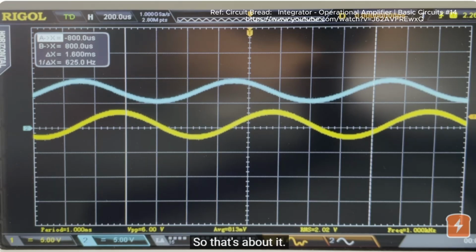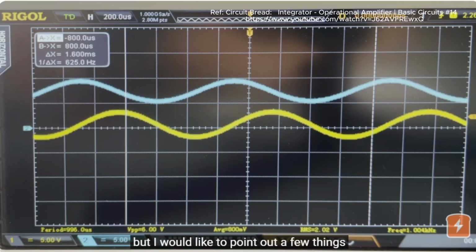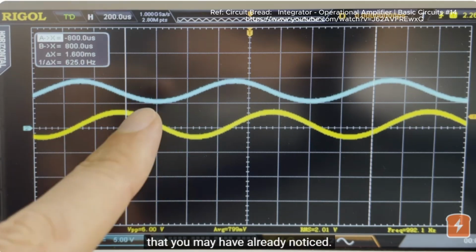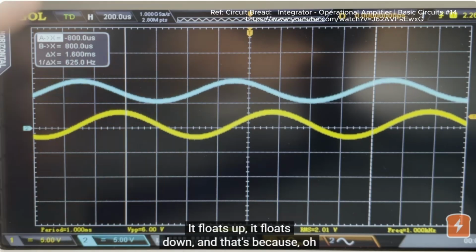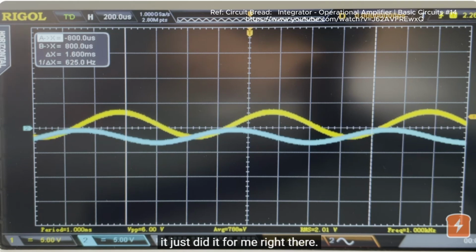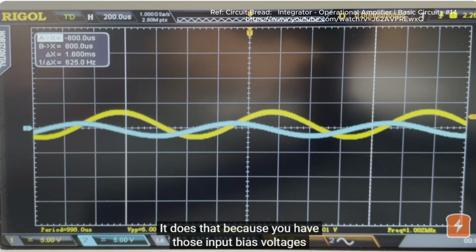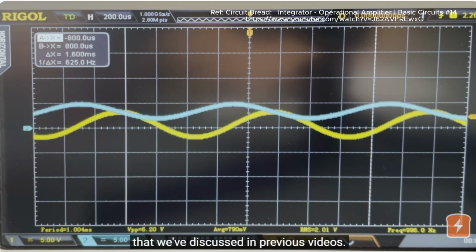That's about it. I think those are some pretty cool examples, but I would like to point out a few things that you may have already noticed. The blue is moving. It kind of goes all over the place. It floats up, it floats down, and that's because, oh, it just did it for me right there. That was quite nice. It does that because you have those input bias voltages that we've discussed in previous videos.